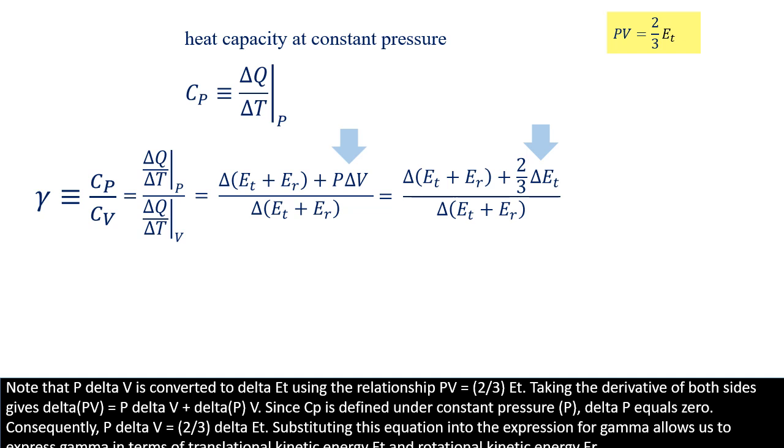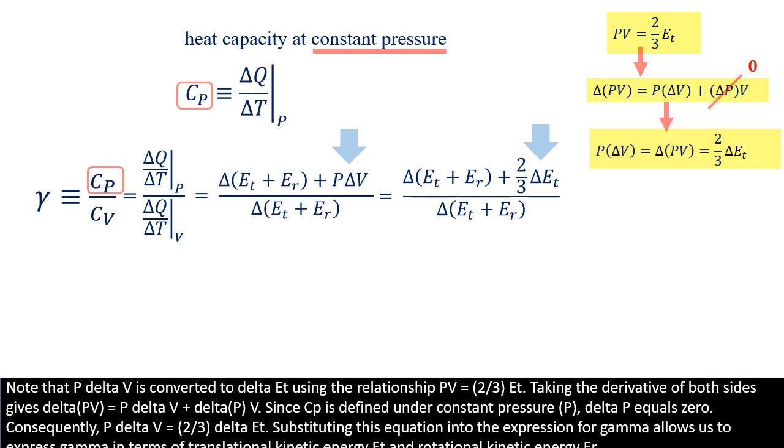Taking the derivative of both sides gives delta PV equals P delta V plus delta P V. Since Cp is defined under constant pressure, delta P equals 0. Consequently, P delta V equals 2/3 delta ET.